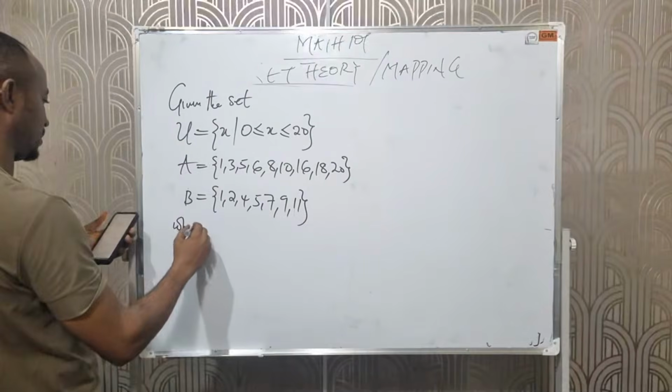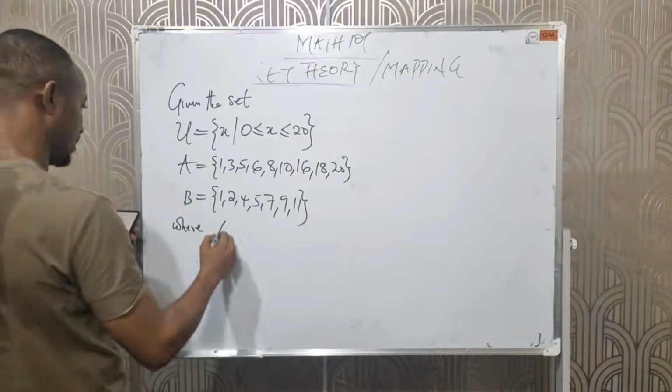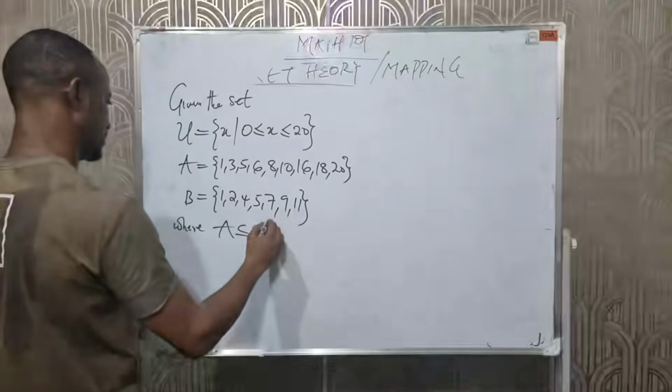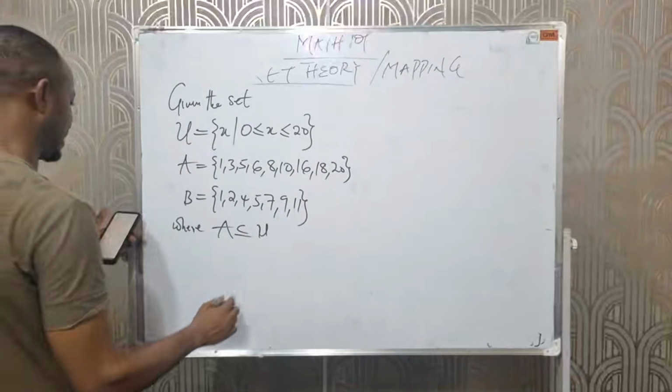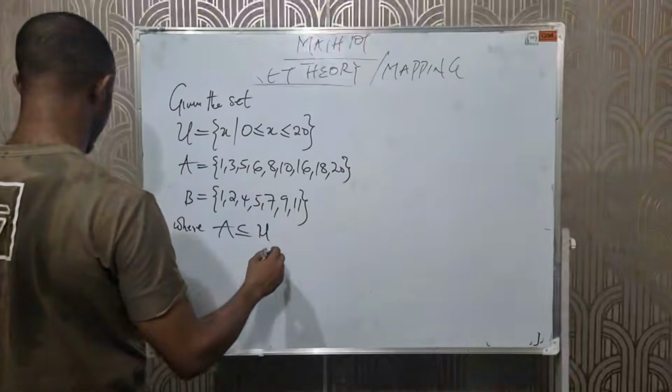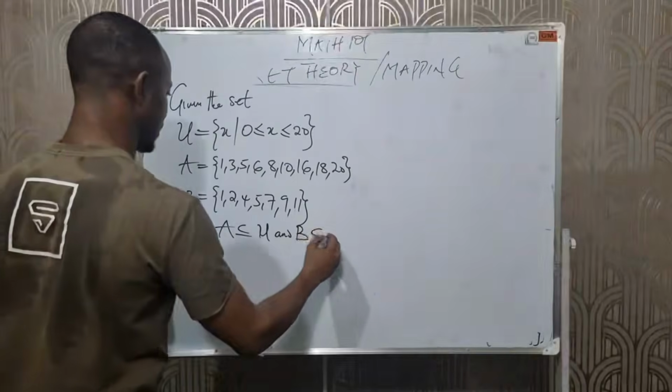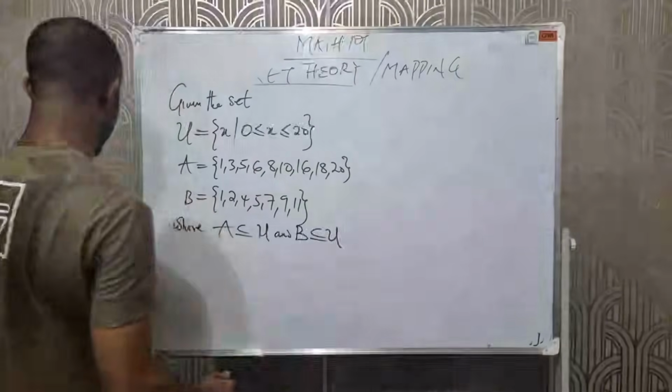We are now told that A is a subset of the universal set, and B is also a subset of the universal set.